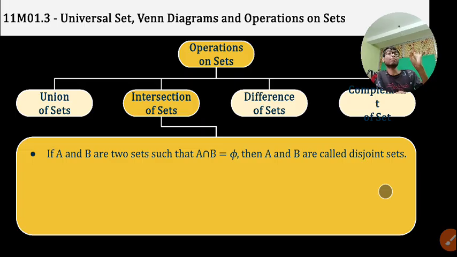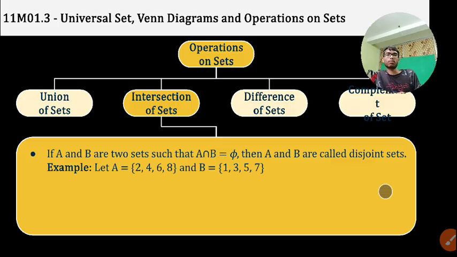For example, the set 2, 4, 6 and the set 1, 3, 5, 7. In both sets there is no common element, and these are disjoint sets. In this we can say A intersection B is nothing, or phi, or the empty set.